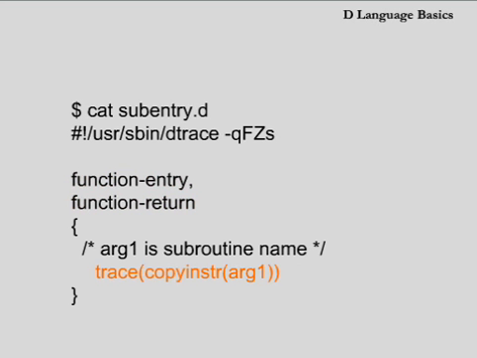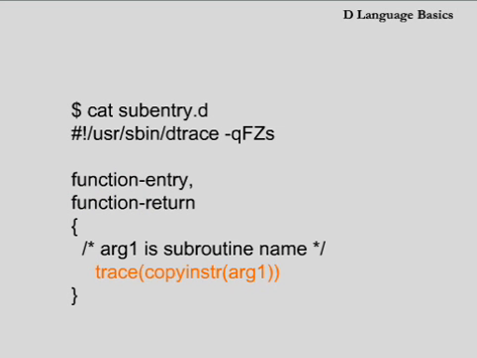I should back up here and say that DTrace metadata starts with 0-based arrays, just like C does. And so arg1 is actually the second argument that these probes provide to the DTrace kernel section.